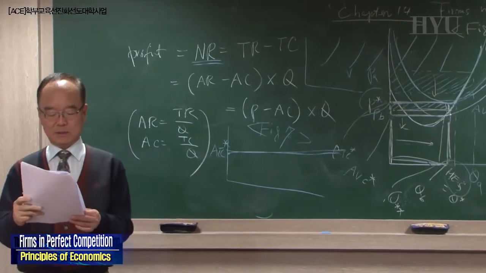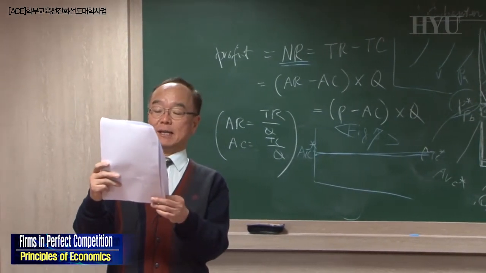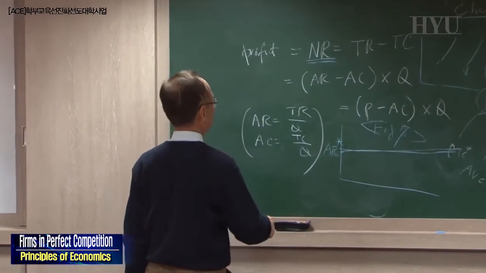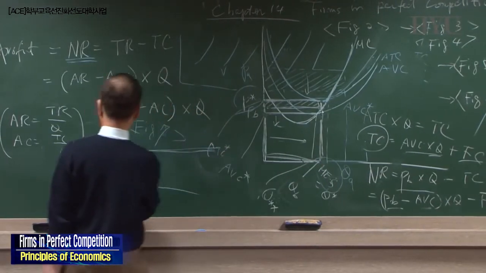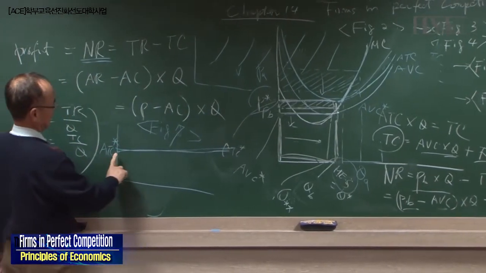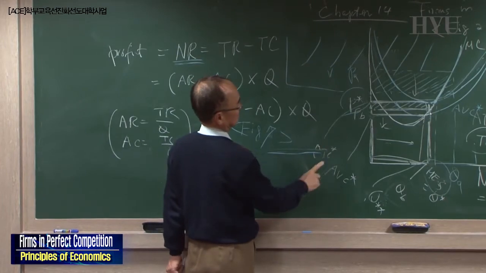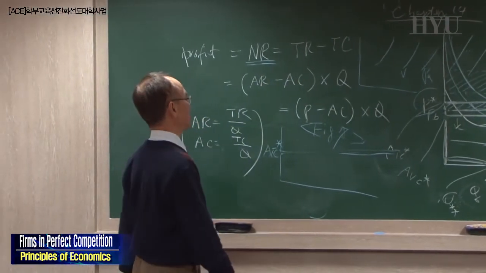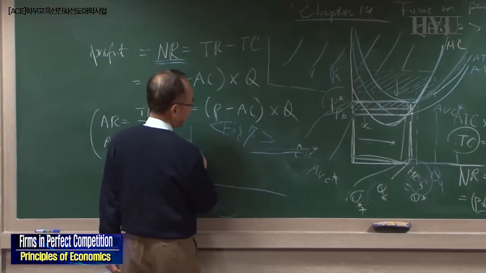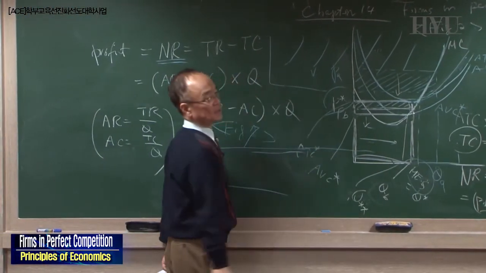It's a horizontal line, not arbitrary. The ATC at the MES, minimum efficient scale. This is not from a change in technology or anything like that, but simply because of change in the number of firms in the marketplace.